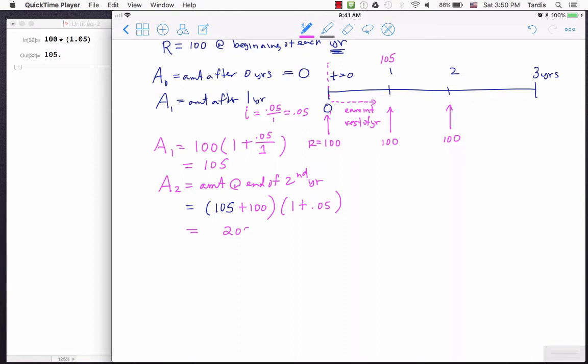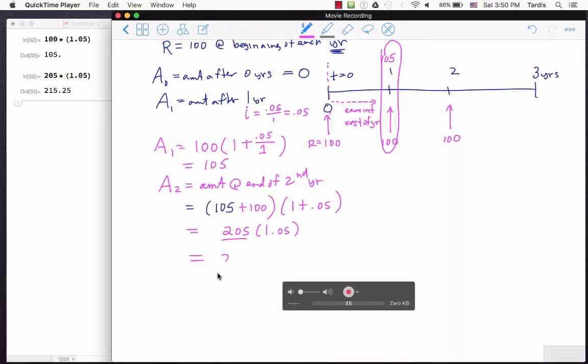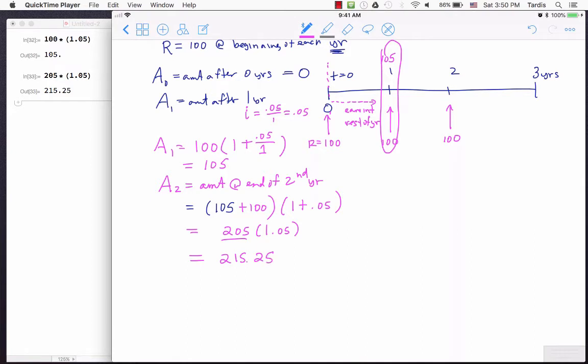So you will have $205 after you make your deposit at the beginning of the second year, and that is what's going to earn the interest. Okay, so we'll go to our calculator and compute $205 times 1.05, and now you have $215.25. And that $215.25 is what is here at the second year.